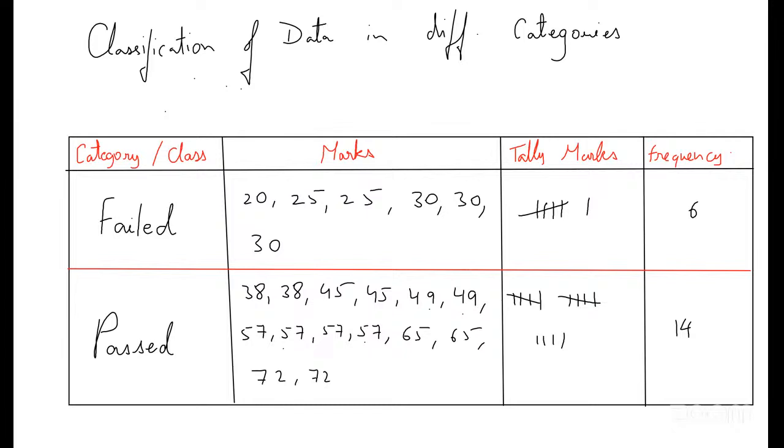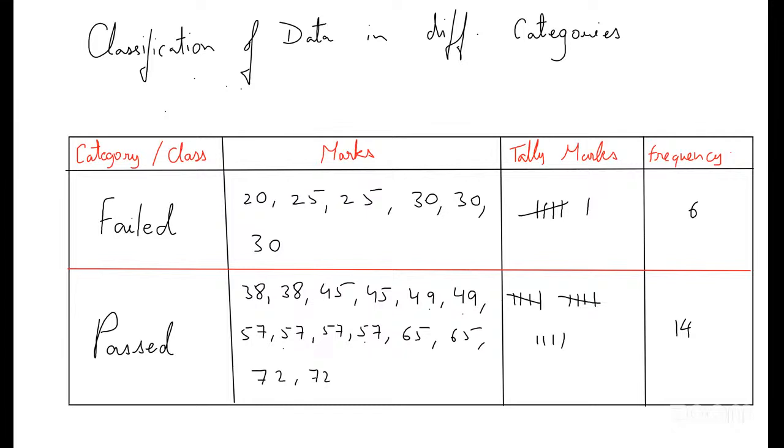What is the range of the data we can answer? That is 52. And what if we want to calculate the percent also, what percent students failed, what percent students passed? That also we can find out with this data.